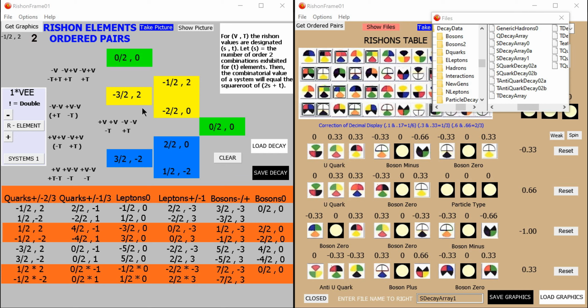And we also have a neutral boson, which we can see is designated here as -2 divided by 2 for S, and T equals 0, with the composition that we have shown earlier of a T prime and an anti-T rishon. And so there's the analysis.